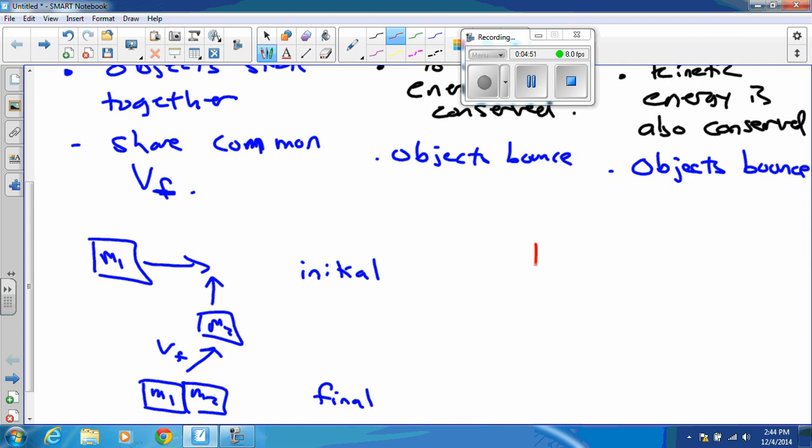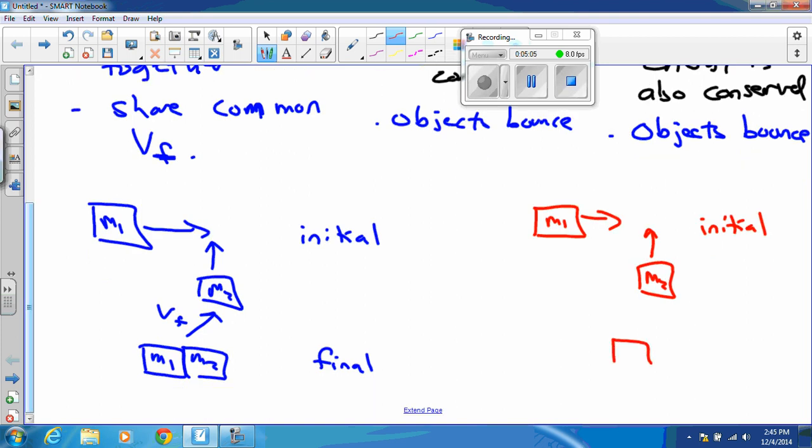With our totally elastic collisions, we'll have some kind of initial situation, maybe like this. But after the collision, the two objects are going to bounce off of each other, and they're going to go off in different directions. Maybe like this. We're not sure yet how that's going to go.